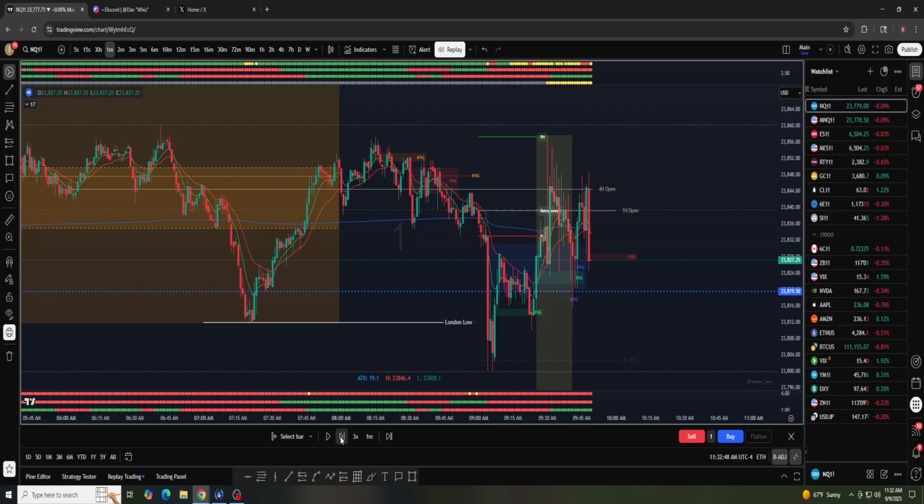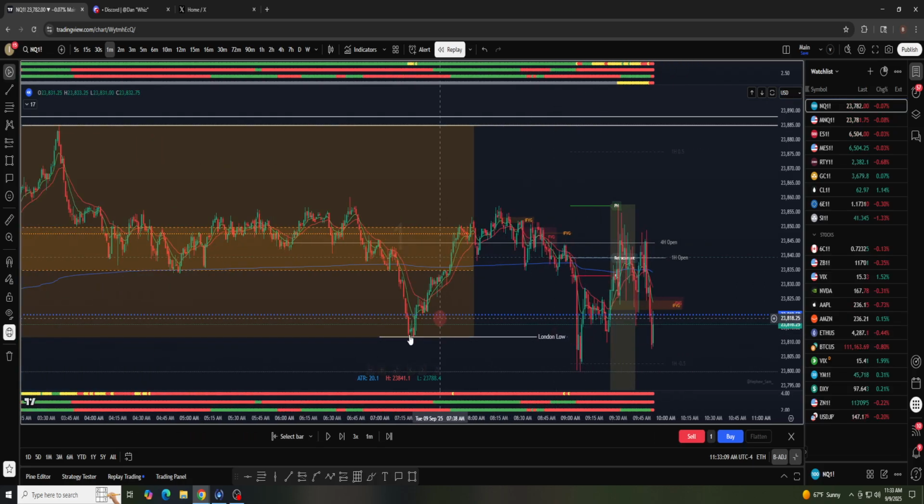So market opens. This is a 1 minute chart. You just have wick after wick, trapped buyers, trapped sellers, trapped buyers, trapped sellers. Pretty diabolical price action. And we did have a column of all red dots right here.